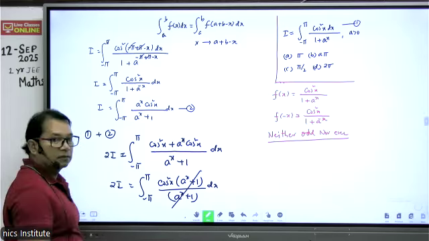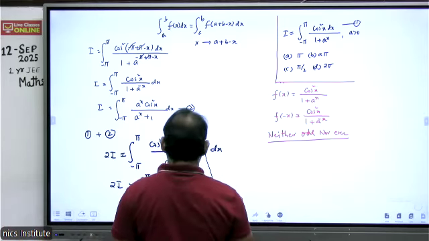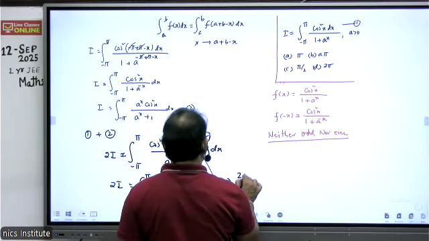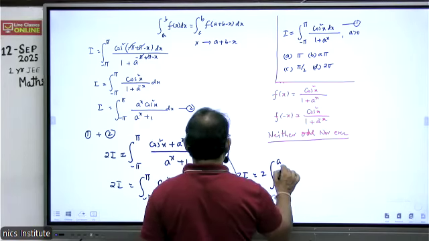This cancels. Cos square x is even function. Since limit is minus a to a, cos square is even function, it becomes twice 0 to a.